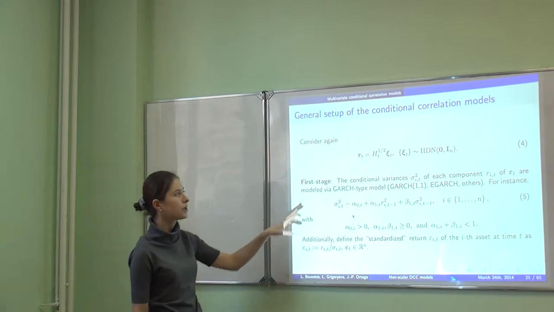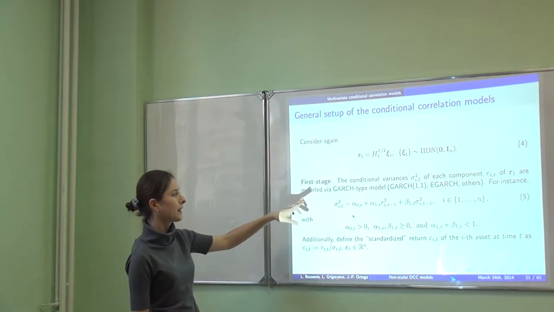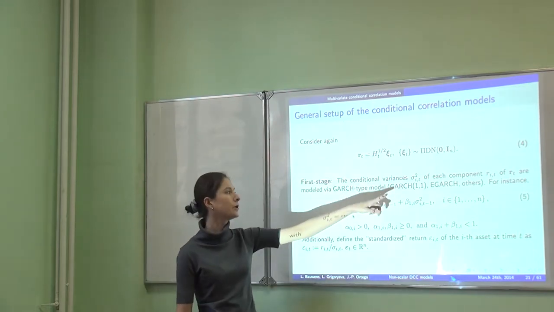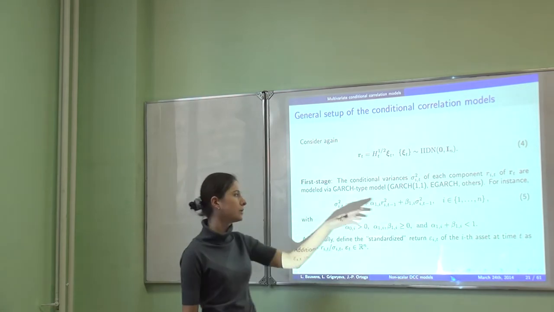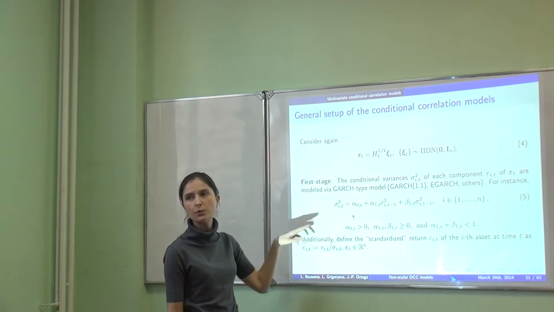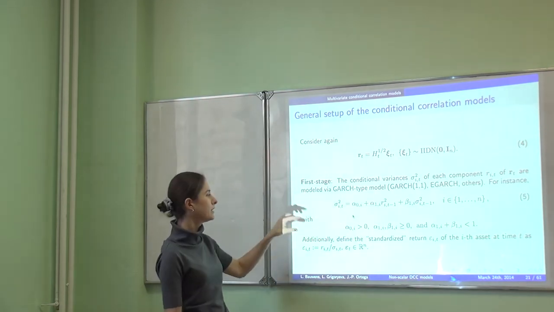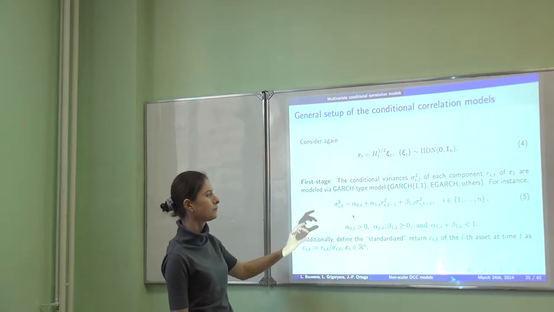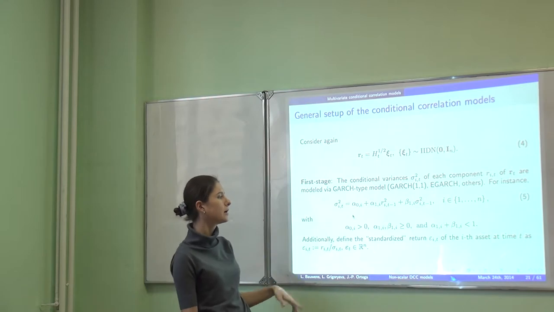On the first stage, we just come up with a GARCH model for conditional variances for each asset i, so it is always univariate. For the given asset, we come up with a GARCH model, and this is extremely easy to do because we have simple constraints on our alpha and beta parameters in the GARCH model.